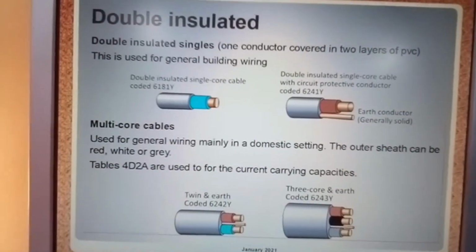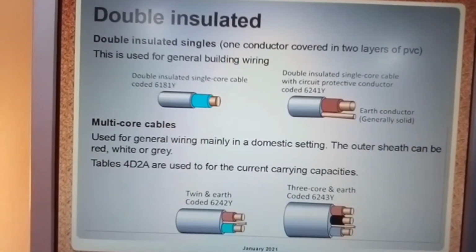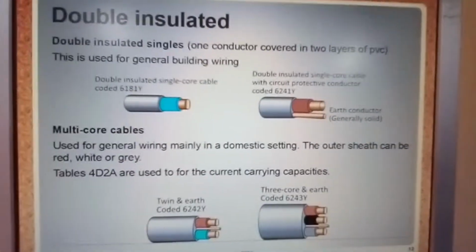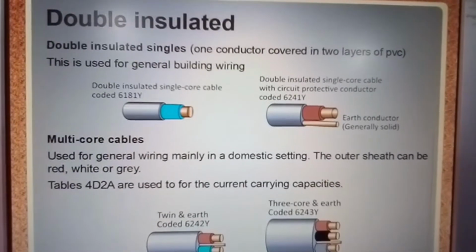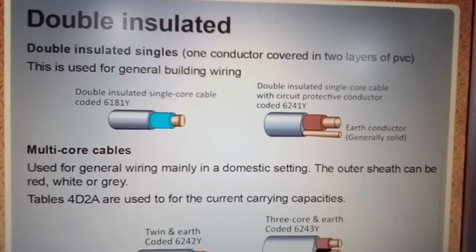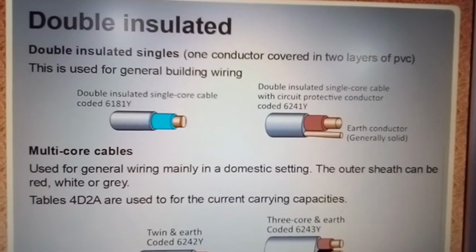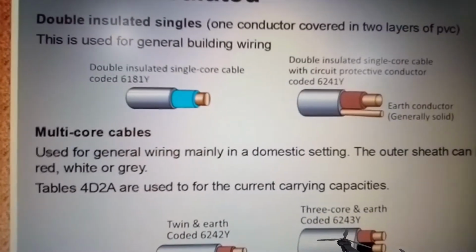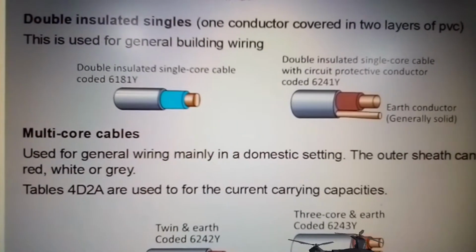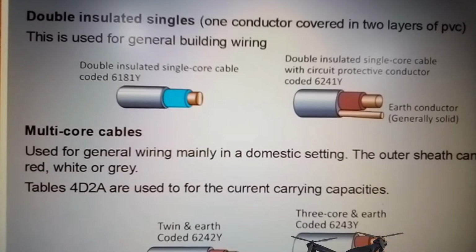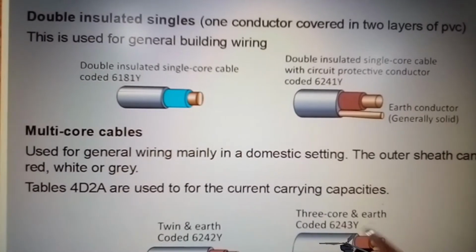And you have your multi-core cables. And again, this shows you your twin and earth cabling, your 3-core and earth cabling.